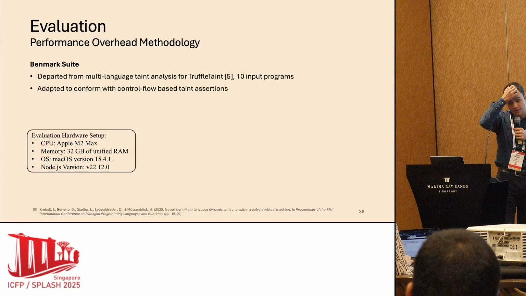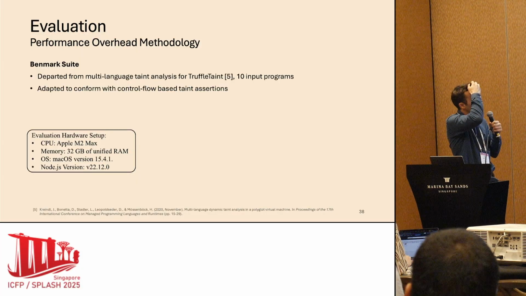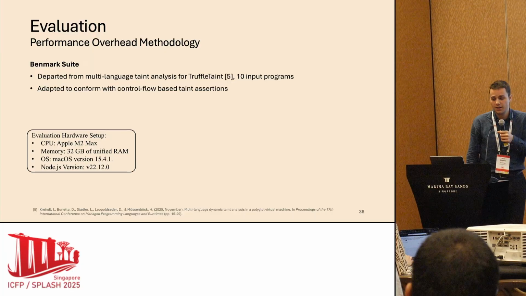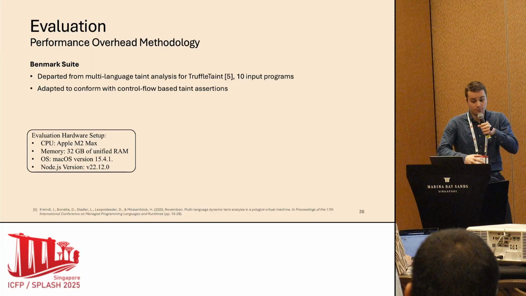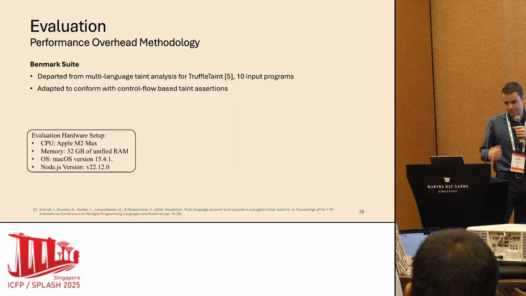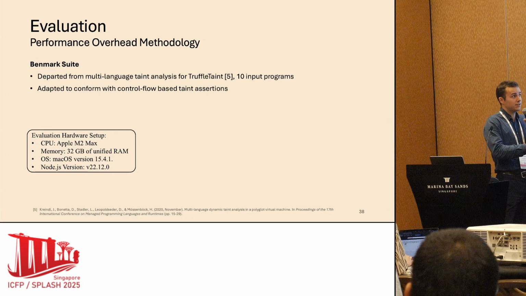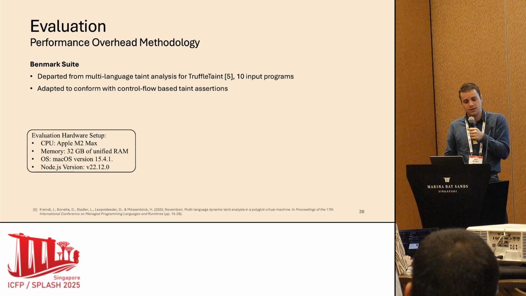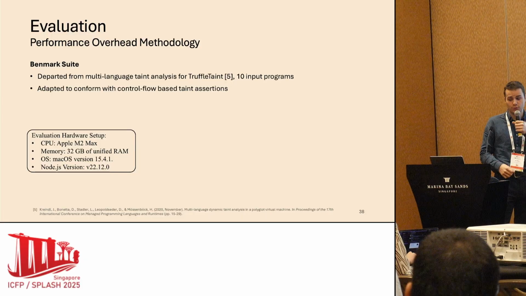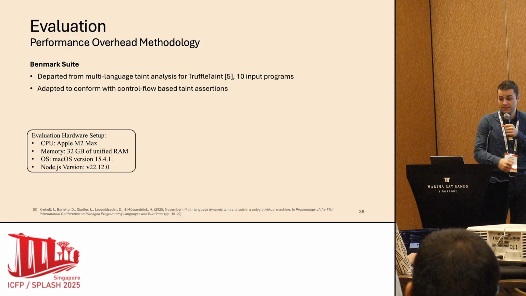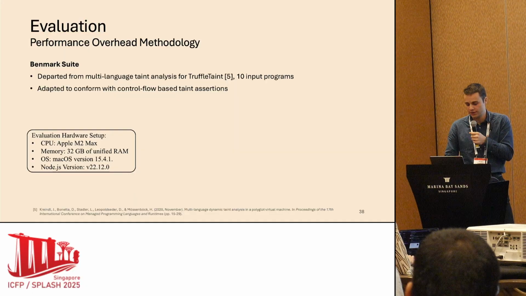In terms of evaluation, we departed from a multi-language taint analysis benchmark suite that has been developed, Truffle Taint, that covers 10 programs, and we adapted that input program suite to also conform with control flow based taint assertions, as that earlier work did not support it yet.